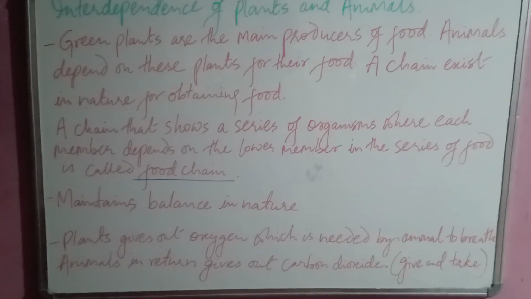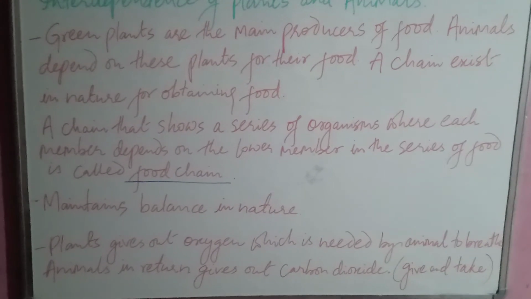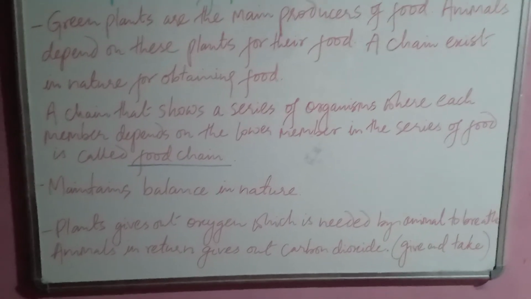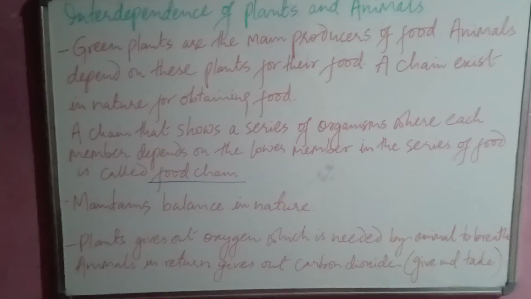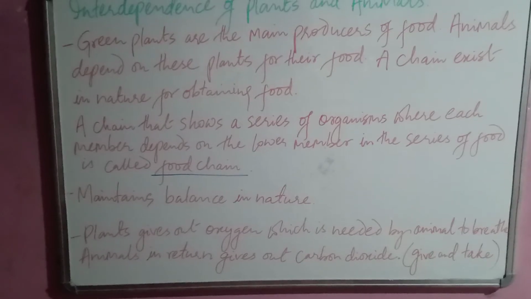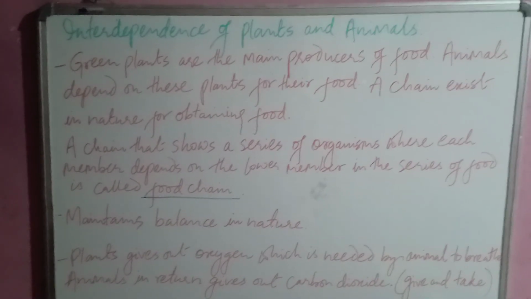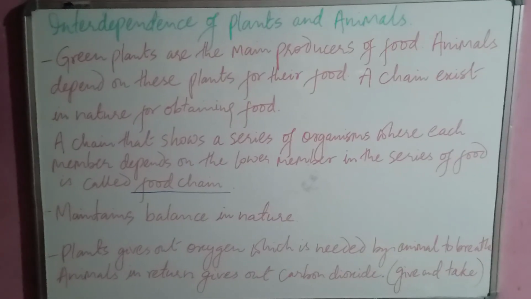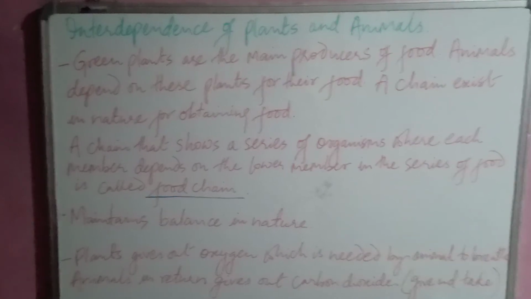When the plant gives out oxygen, it is needed by the animal to breathe, and in return animals give out carbon dioxide which is needed by the plant for their process of making food, which is called photosynthesis. So with this we have finished our chapter.